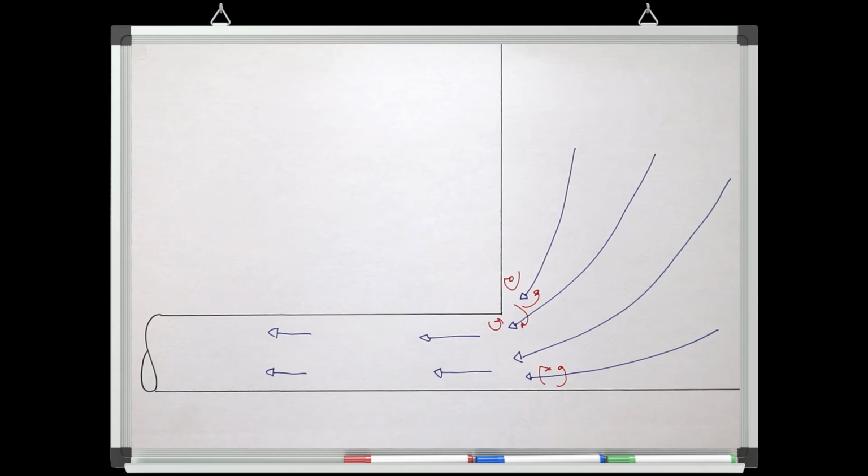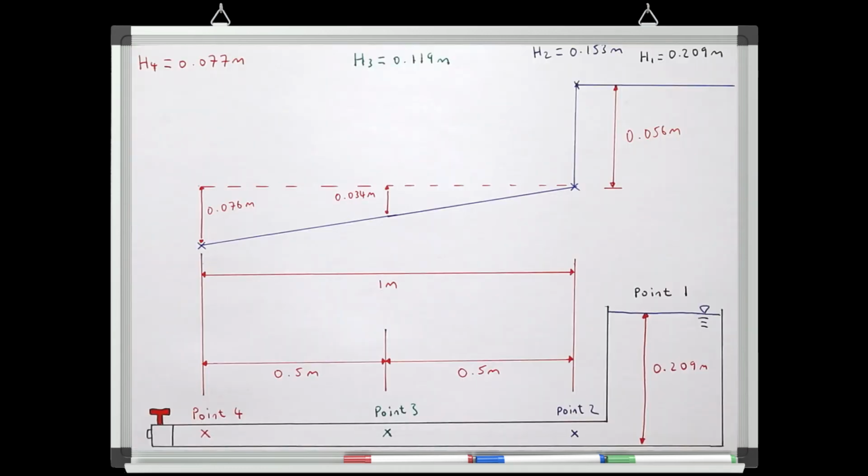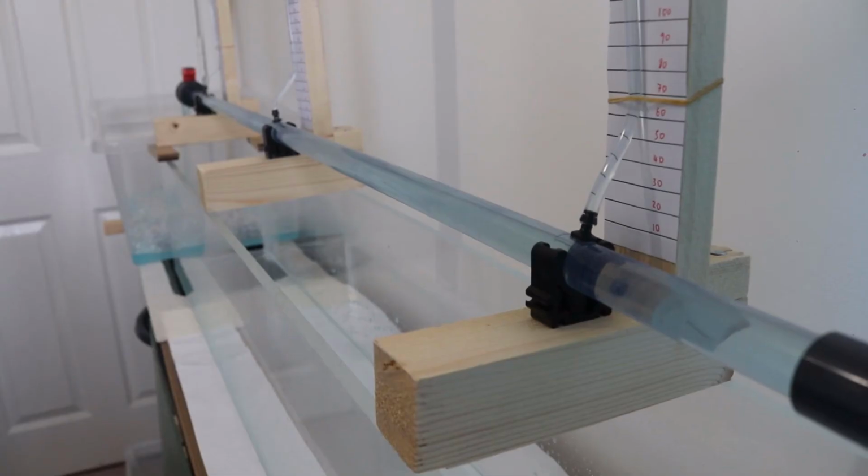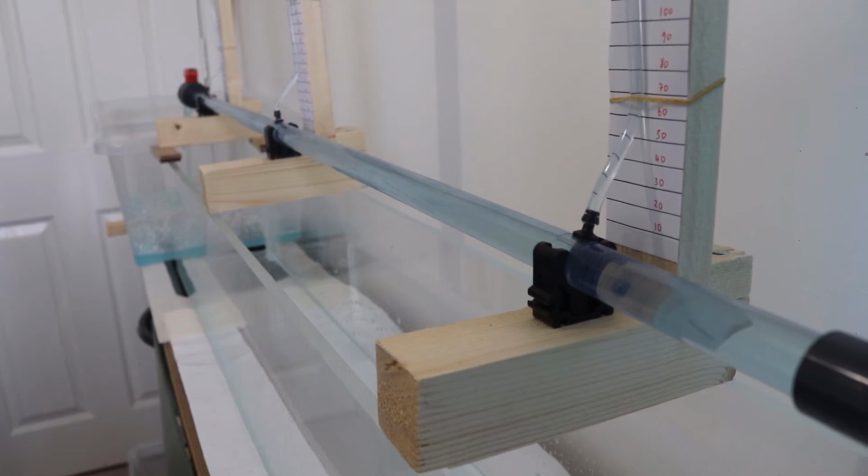But this loss would be the same regardless of how long the pipe was. This particular loss would just be one single loss at this location of 0.056 meters. Whereas the continuous losses due to friction and turbulence would continue to get larger the longer we made the pipe.